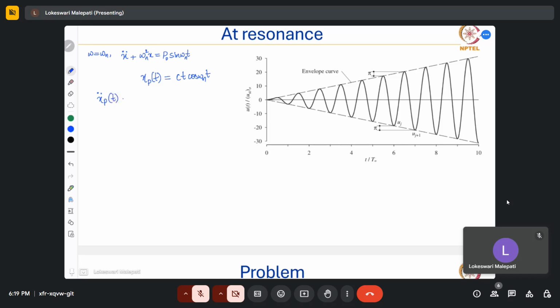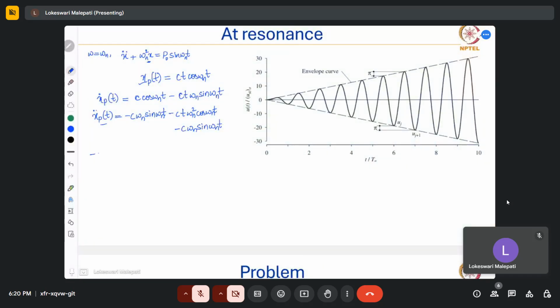Xp double dot t, xp dot t. xp dot t will be c cos omega nt minus ct omega n sin omega nt, and xp double dot t will be equal to minus c omega n sin omega nt minus ct omega n square cos omega nt minus c omega n sin omega nt.